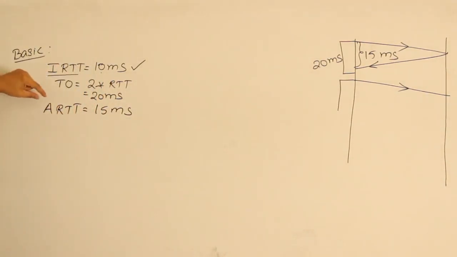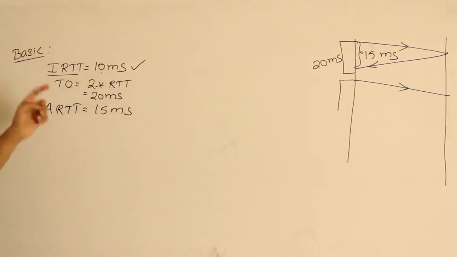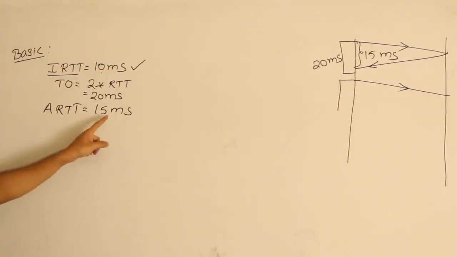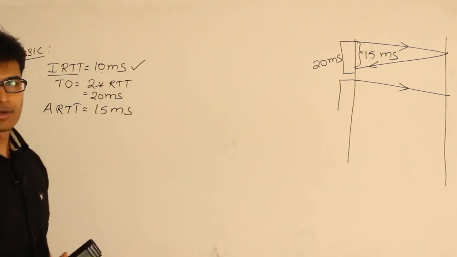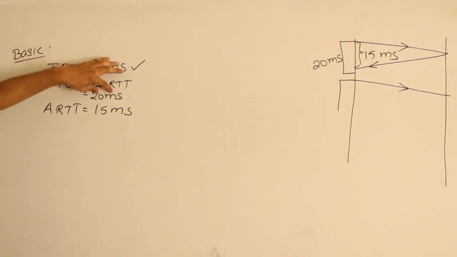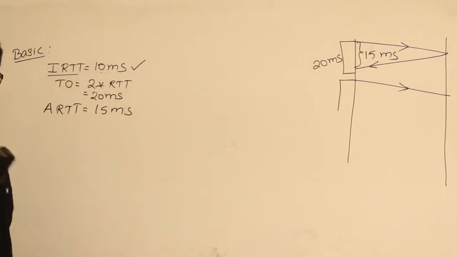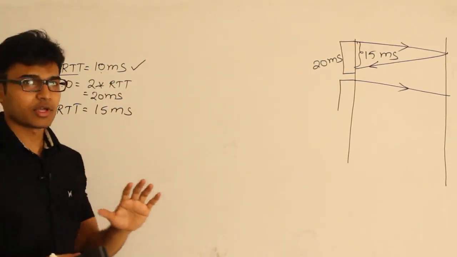Or you set the timeout timer based on what we got from this, which means if we got a 15 millisecond acknowledgement, and you set the timeout timer to be 30 milliseconds, then you are very dynamic. So if you use the initial assumption and stick on to 20 milliseconds, you are very static. If you take the actual incoming packet and set it to 30 milliseconds, you are very dynamic. Both are dangerous.